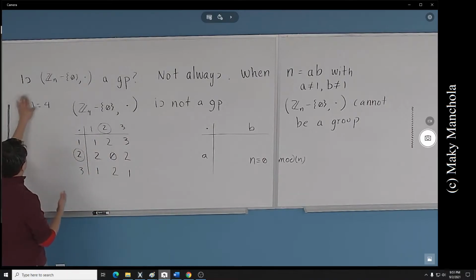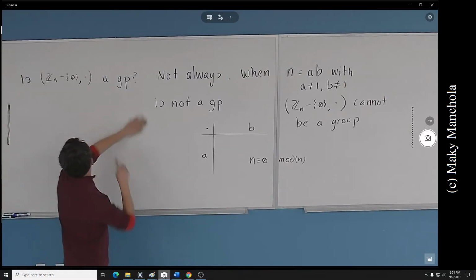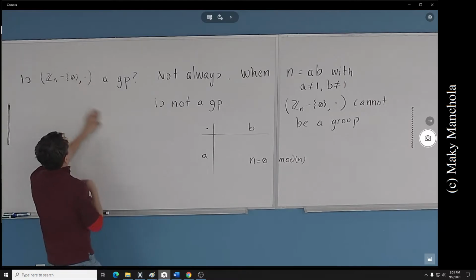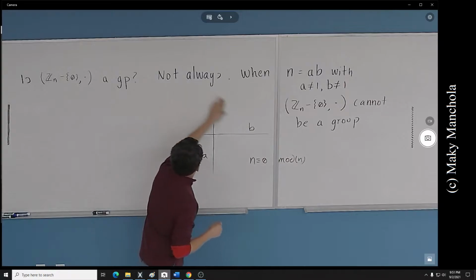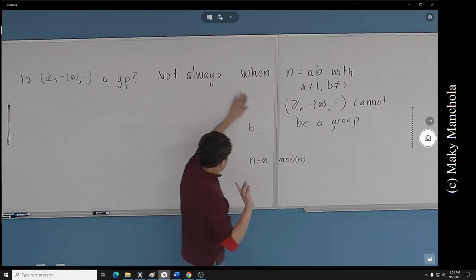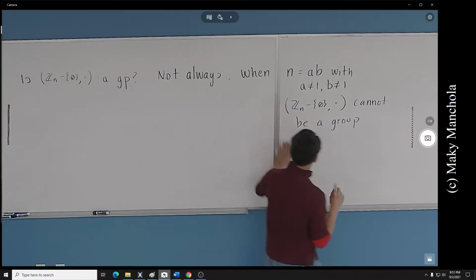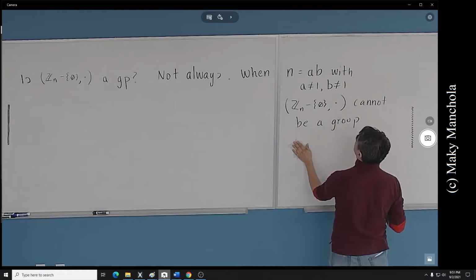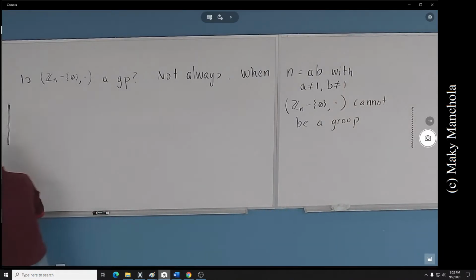So let's answer that question then. Is Zn excluding 0 together with multiplication modulo n a group when n is prime? The answer, fortunately, is yes. As it turns out, if n is prime, then you will get a group. So that's our theorem for the day.